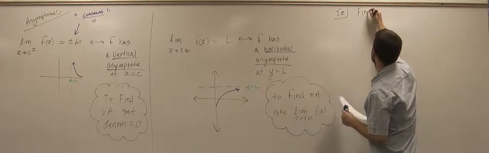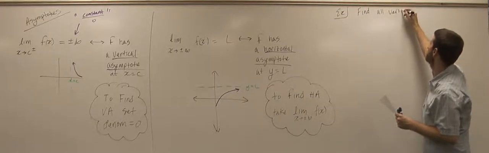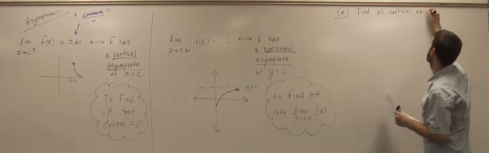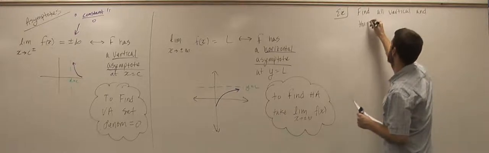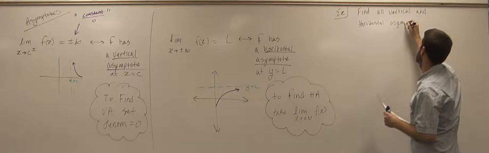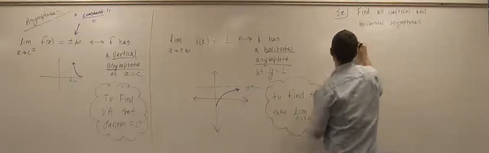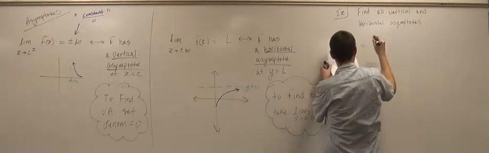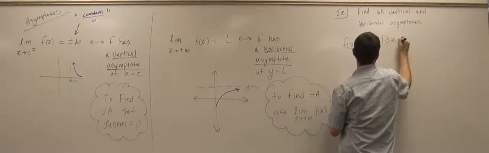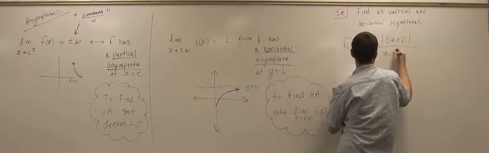Find all vertical and horizontal asymptotes. f(x) equals the absolute value of 3x plus 2, divided by x plus 1.